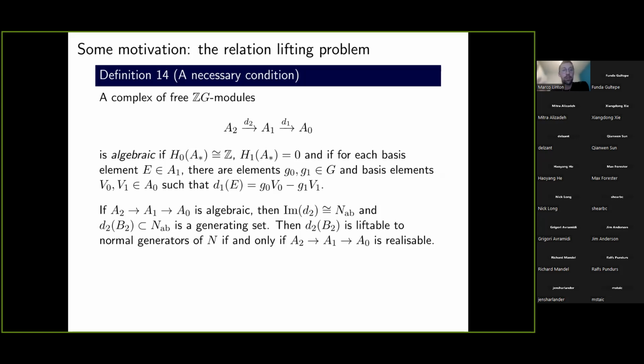Then if this submodule of A1 is isomorphic to the relation module, basis elements of A2 correspond to generators of this relation module, because we had the condition that the first homology needs to vanish.